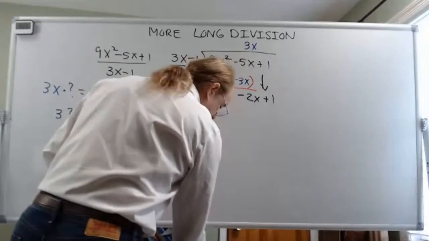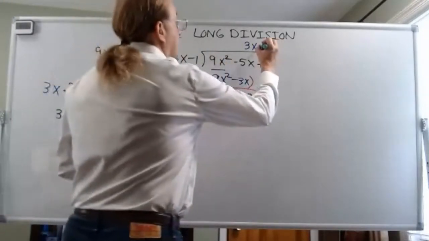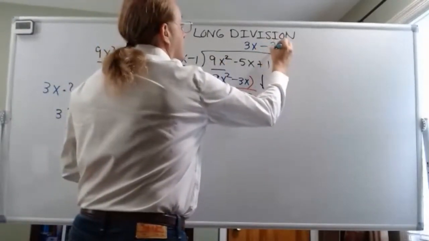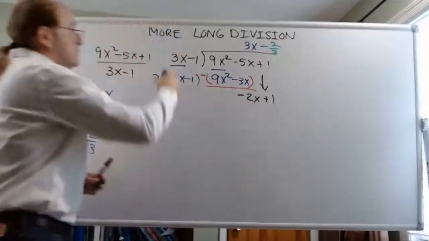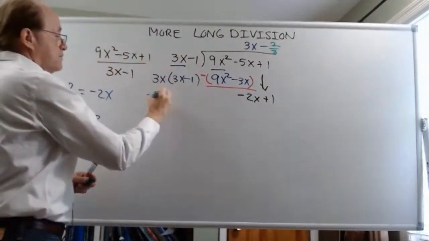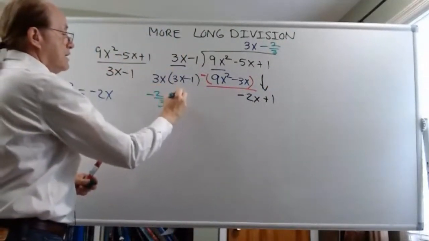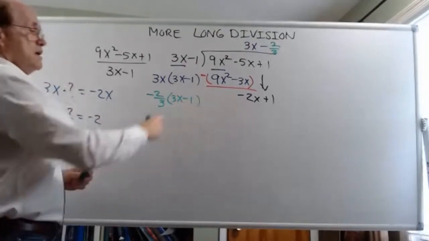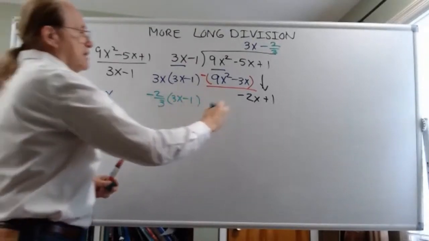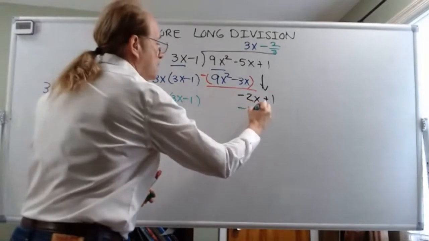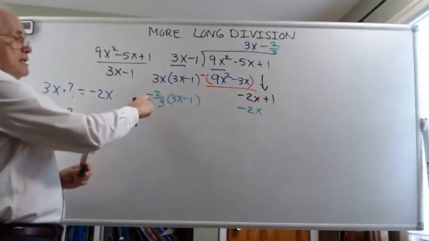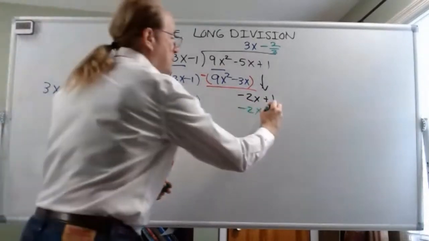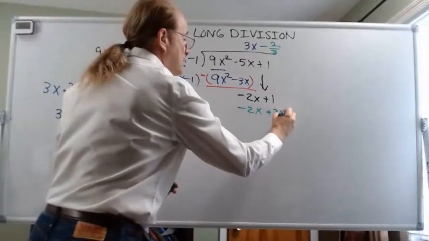So that's what I'm going to put over here. Let me do that in a different color so we can kind of see that. I'm going to be doing a negative 2/3. So I'll multiply a negative 2/3 times 3x minus 1. Well, when I distribute that, that's going to give me a negative 2x, exactly what I wanted. And negative times a negative is going to give me a positive 2/3.